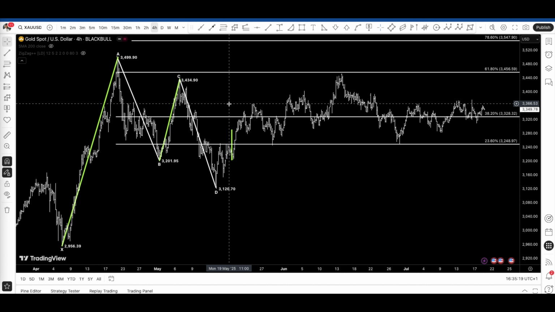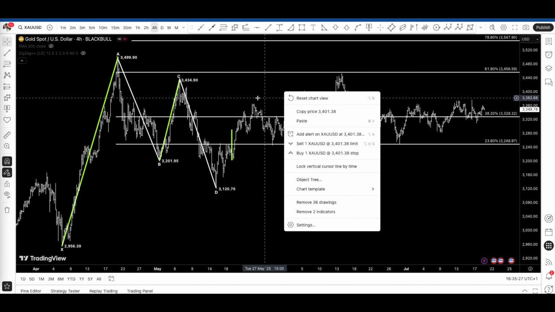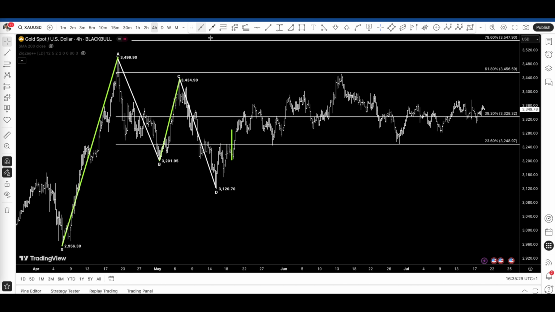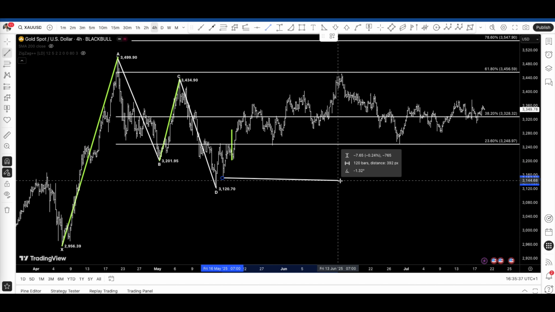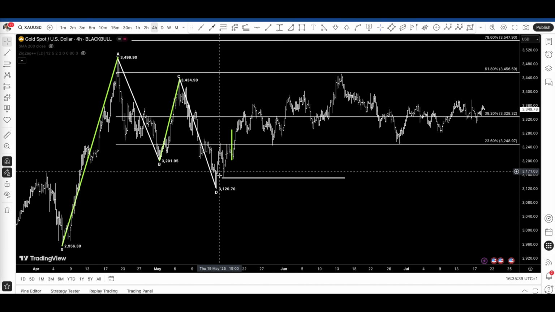Well, I do trade gold on the daily basis, and I have executed a few trades here. The first one was after I saw an impulse followed by a retracement of this ABC.